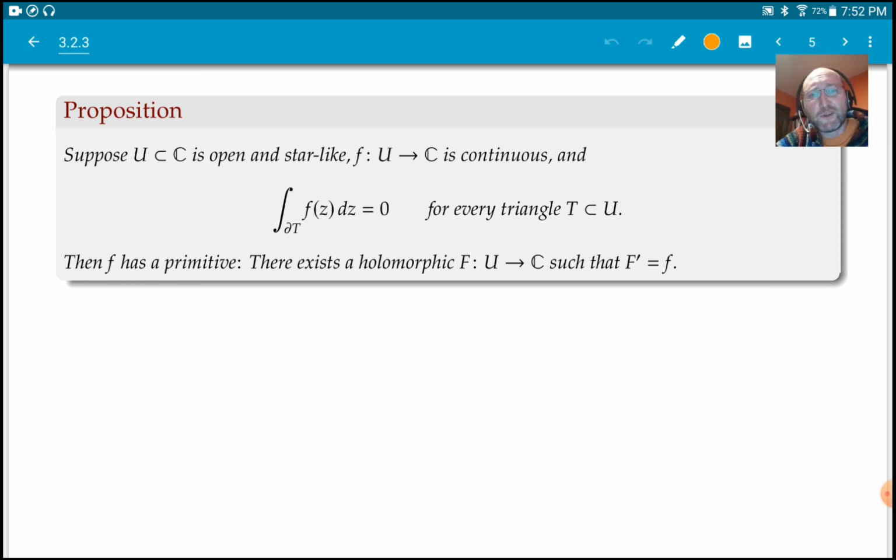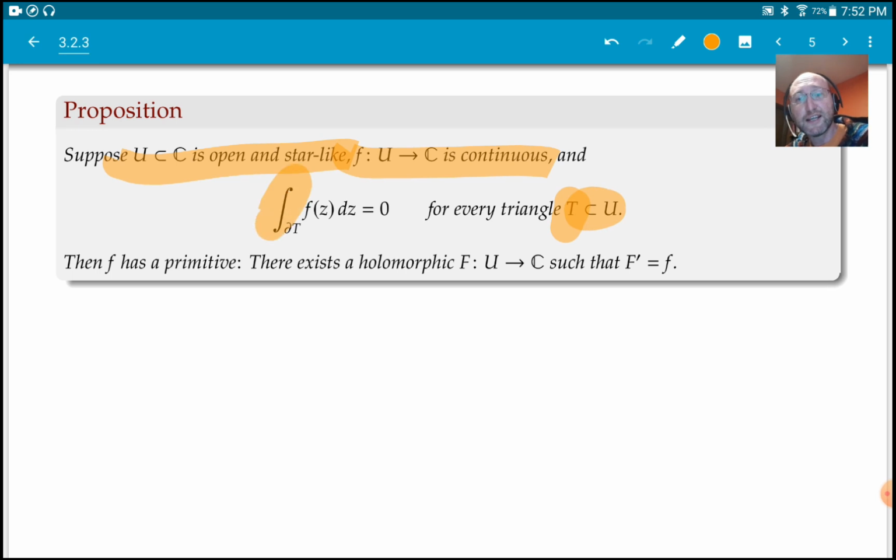So, what are we going to prove first? If we have this star-like U and a continuous f such that for every solid triangle T inside U, the integral around the boundary is 0, then f has a primitive, meaning that there is a holomorphic capital F whose derivative is f.